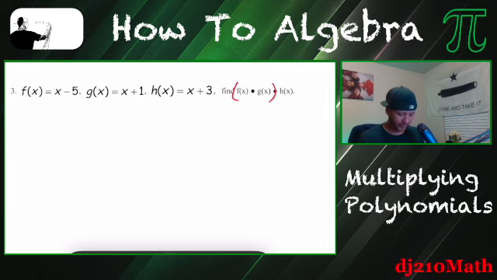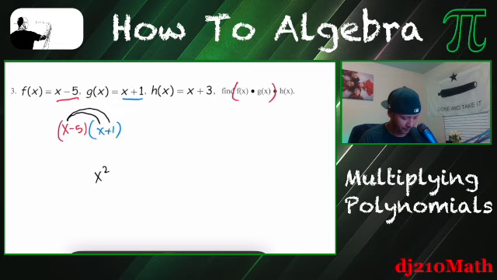So if I do f of x times g of x, we'll leave this one in red, this one in blue. This is going to be x minus 5 times x plus 1. All right, again, I'm going to do my little FOIL method. That's going to be x squared plus x.